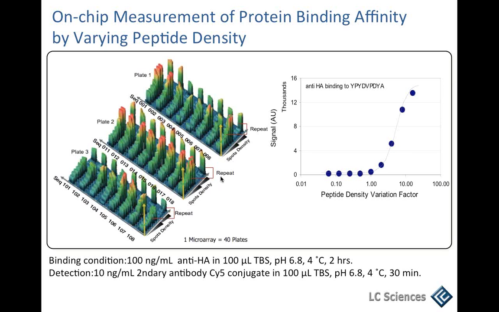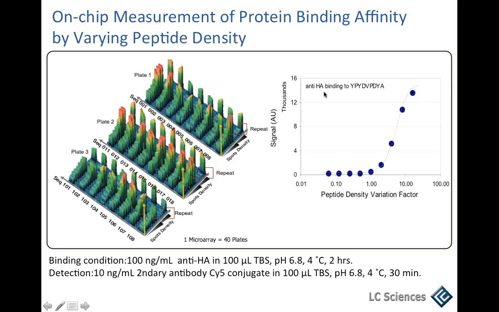So this then allows for binding affinity measurements using just one chip, one assay at a fixed sample concentration. And here on the right-hand side is shown exactly this.